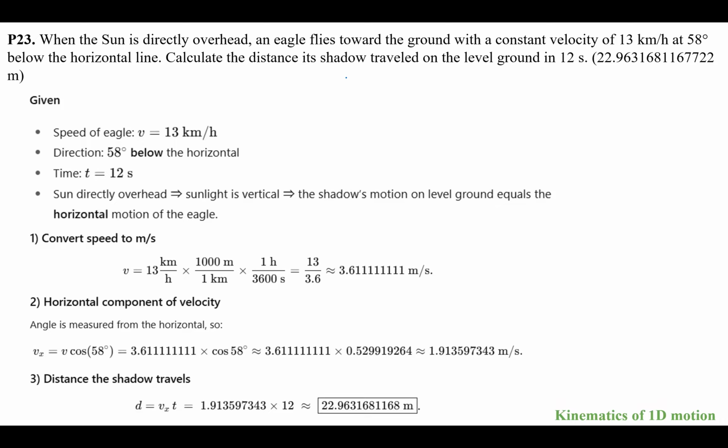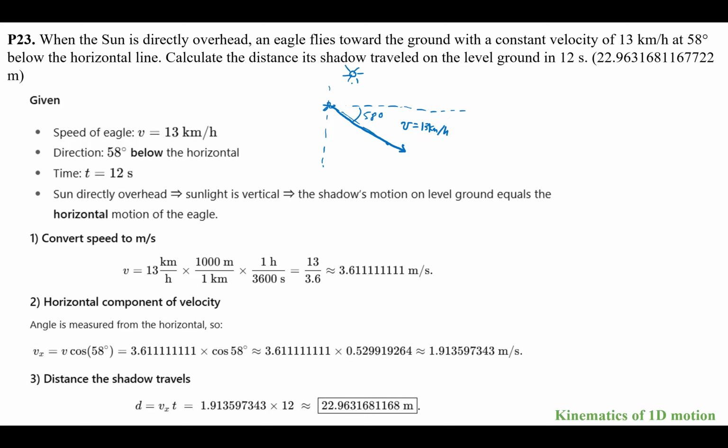So what is happening here is that the sun is here, and here's the eagle. It is 58 degrees below the horizontal line, and it is constantly cruising down with a velocity of 13 kilometers per hour.